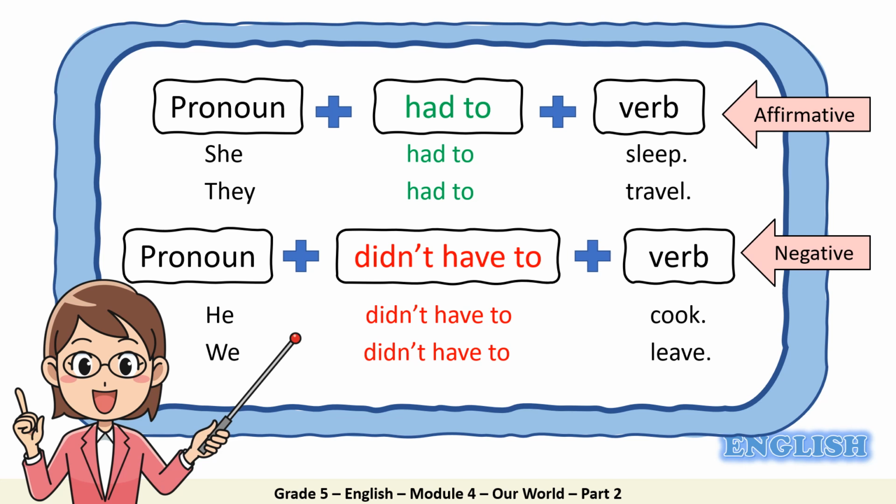What did you notice? Do we use the verb had in the negative form? No, we don't. We use have instead. We say didn't have to. And as you can see, we can use both forms, the negative and the affirmative, with all pronouns and names.